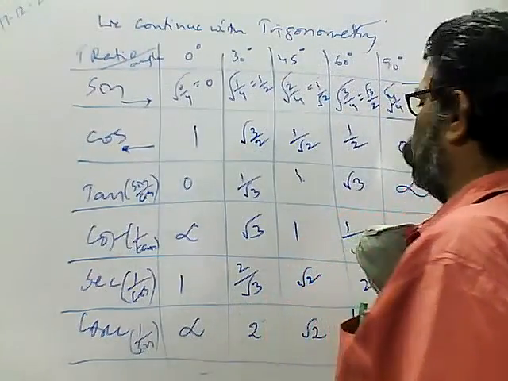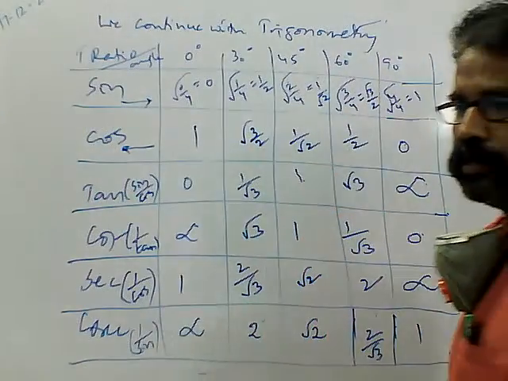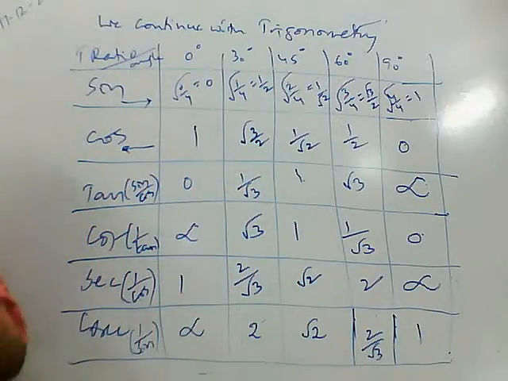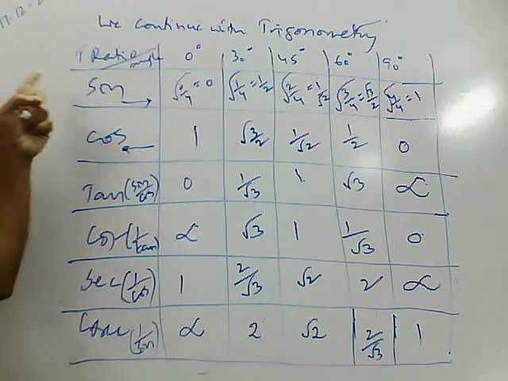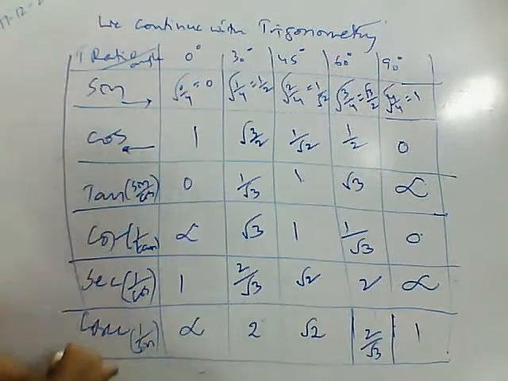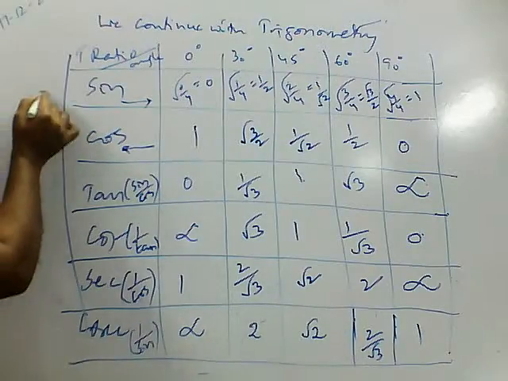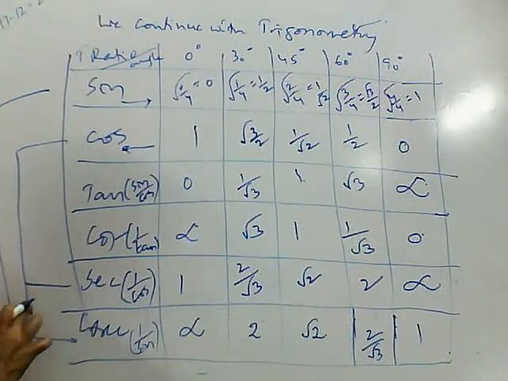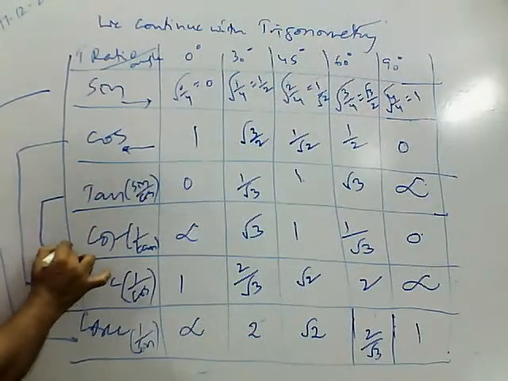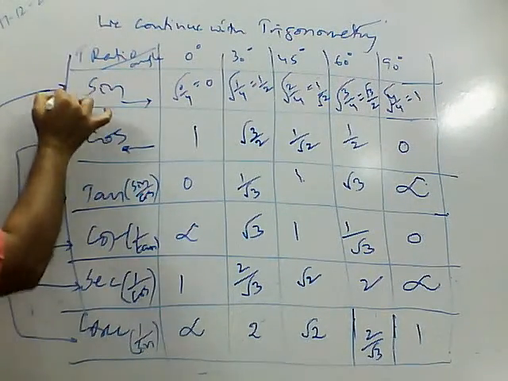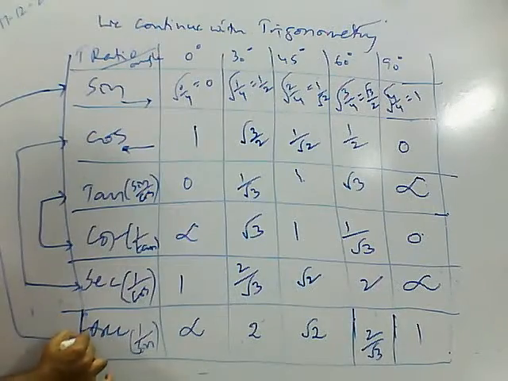I think you are clear now with this part. So all of you are clear? Yes. Now you can see the relation between the trigonometric ratios and their respective angles. There are 6 ratios and you know their relation, right? Sine is reciprocal to cosec, cos is reciprocal to sec, and tan is reciprocal to cot. These two are reciprocal, these two are reciprocal, and these two are reciprocal, as you know.